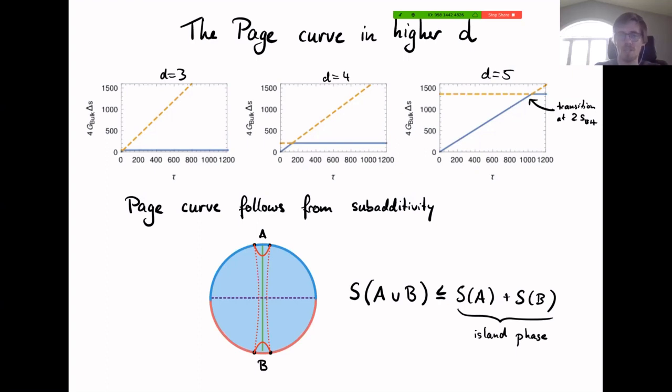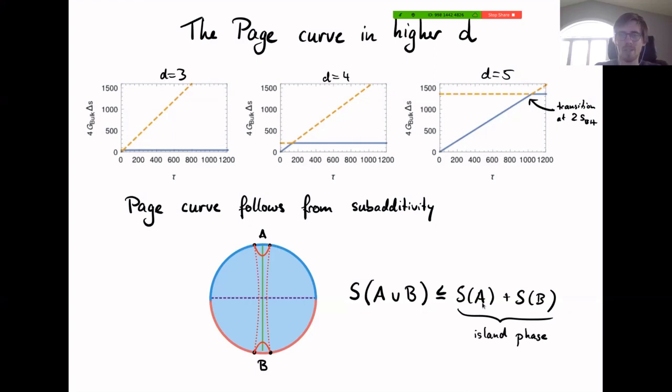Right? We have two potential candidate surfaces. And sub-additivity tells us, if we consider two regions, A, which would contain my gravitational region and a bit of my bath, and B, which contains the same thing in the other CFT, then its overall entropy must be bounded from above by the entropy of S_A and S_B.